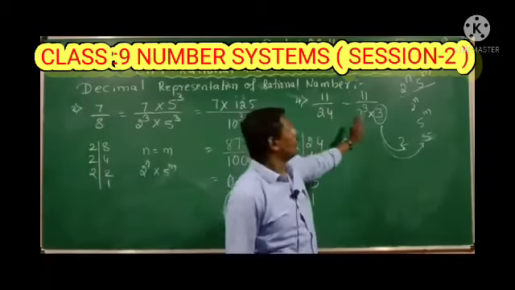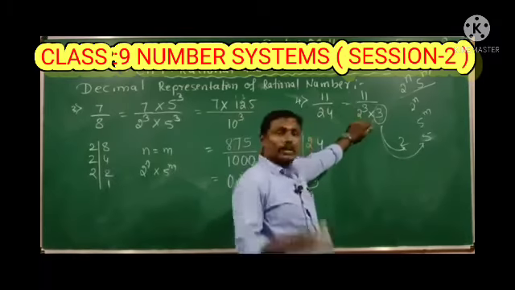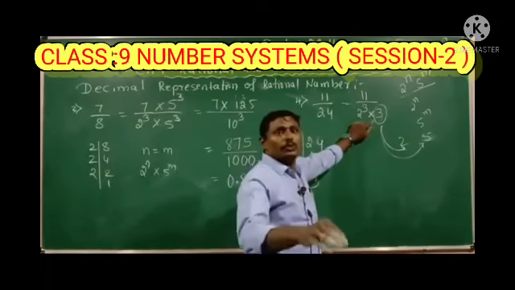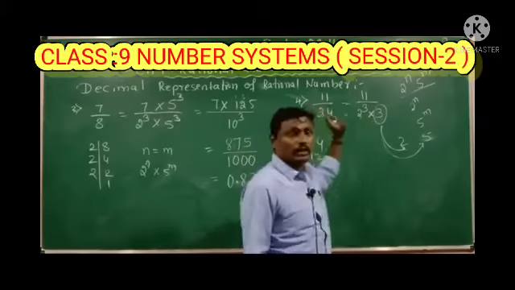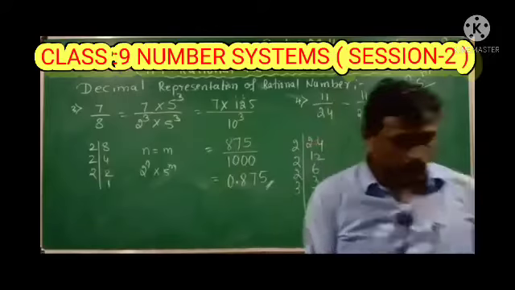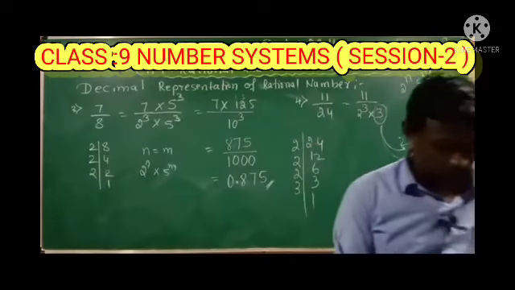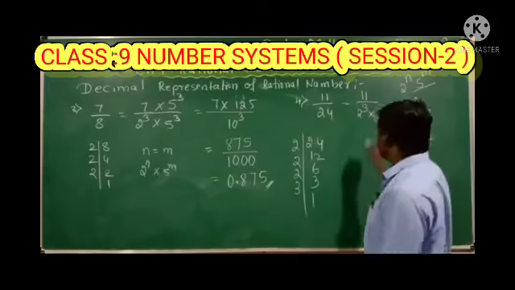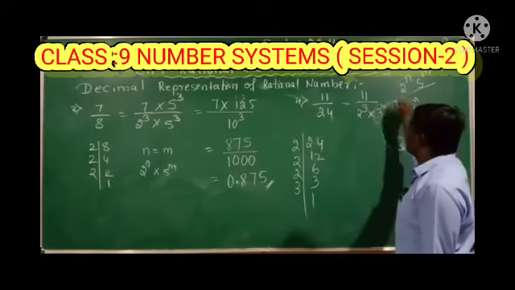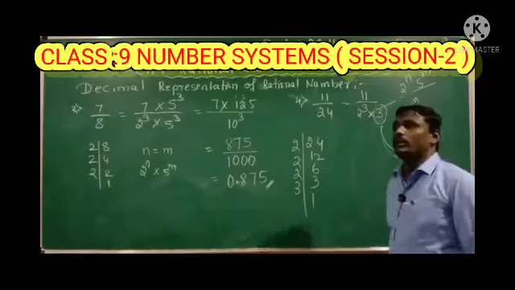If I get any other prime factor other than 2 and 5, then that rational number is an example of non-terminating, because 24 has a factor 3 which is other than 2 and 5.